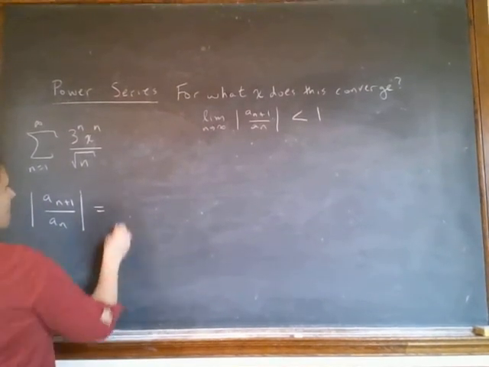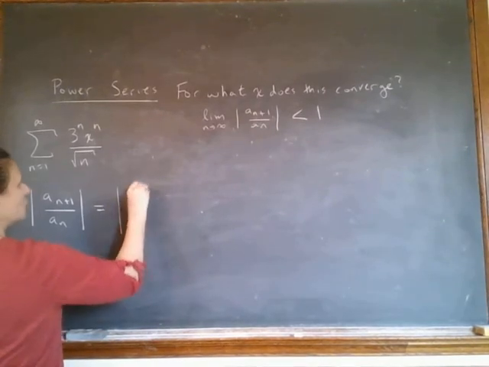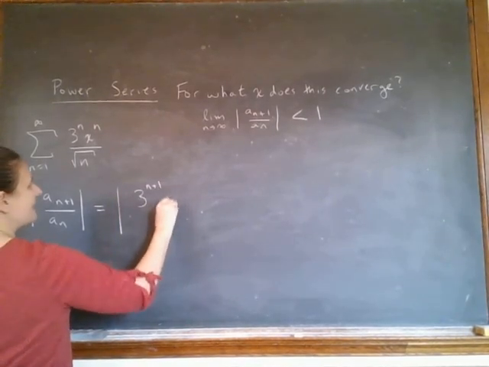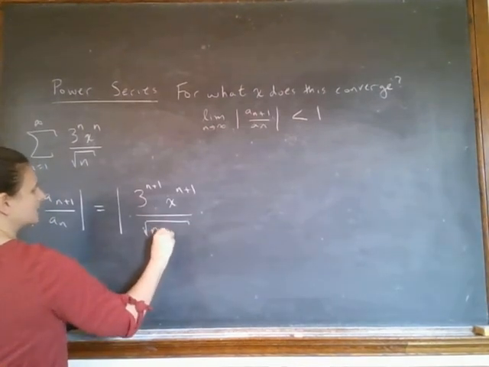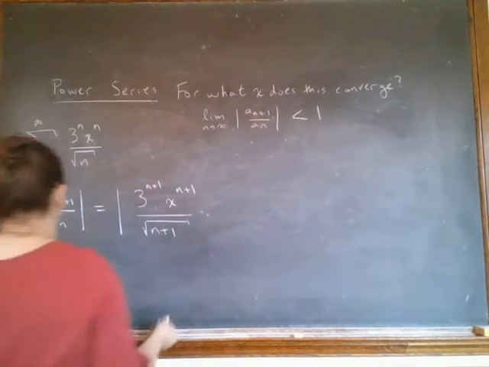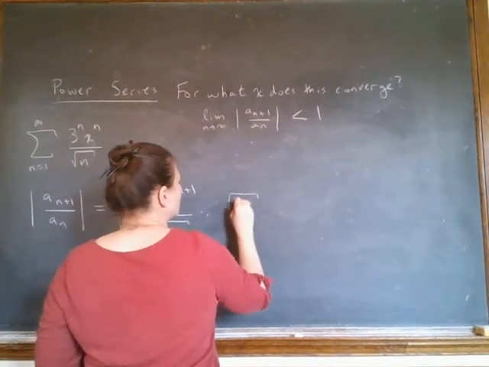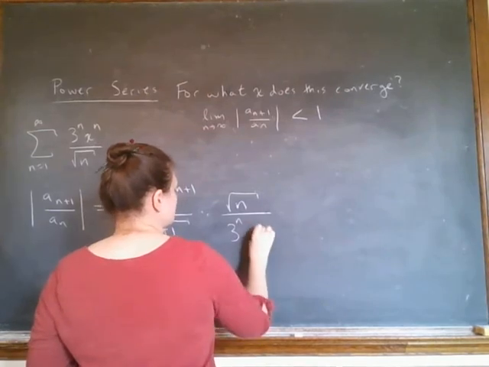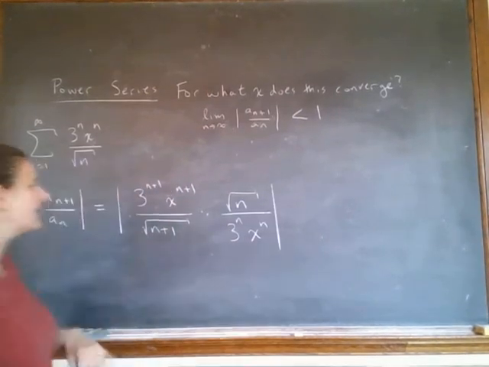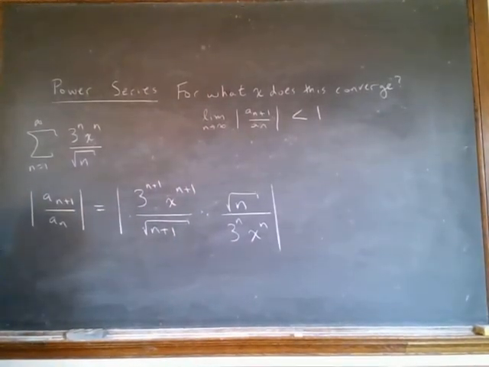So, 3 to the n plus 1, x to the n plus 1, over square root n plus 1, and then multiply by the reciprocal, root n, 3 to the n, x to the n. Again, everything is positive except possibly x.